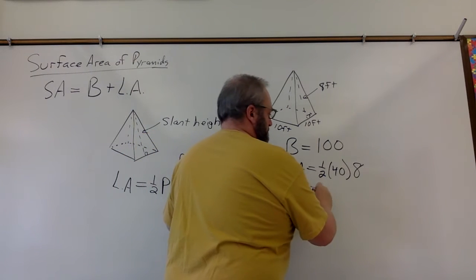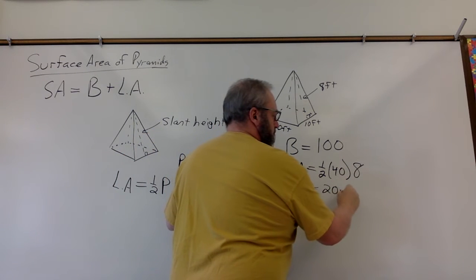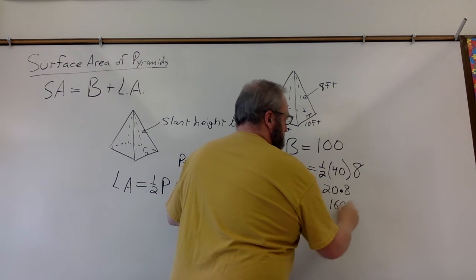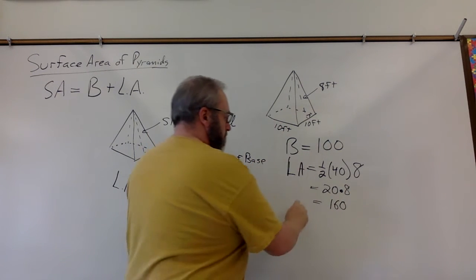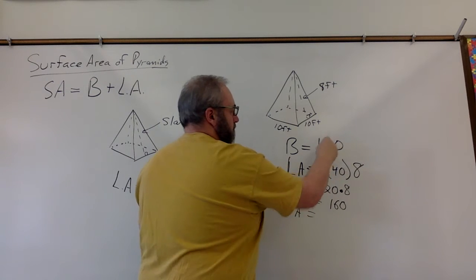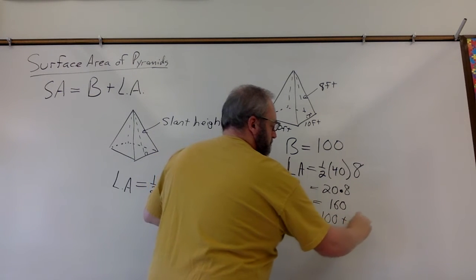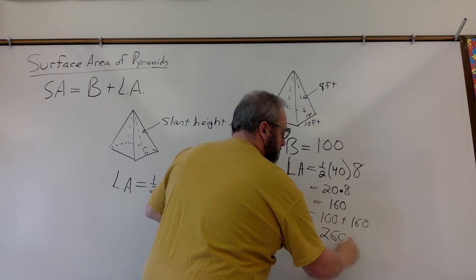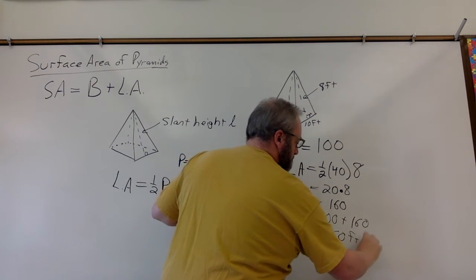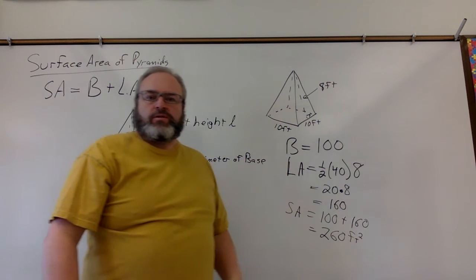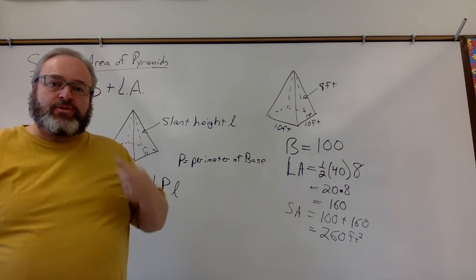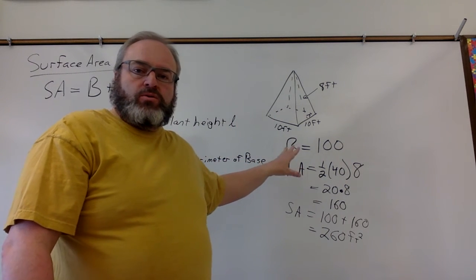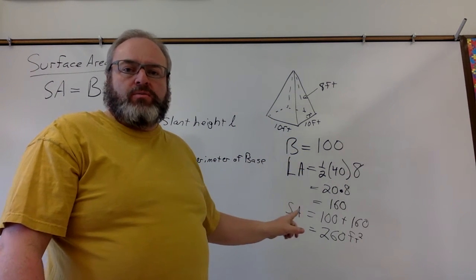Okay? 1/2 of 40 is 20 times 8. And that's 160. So the surface area is going to be the area of the base plus the lateral area, which is 260 square feet.